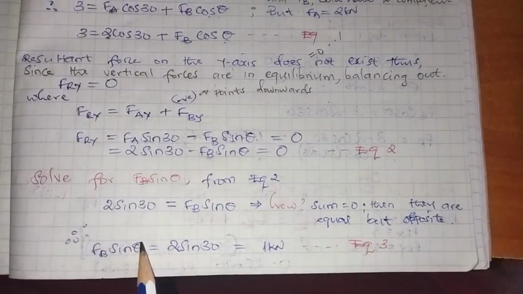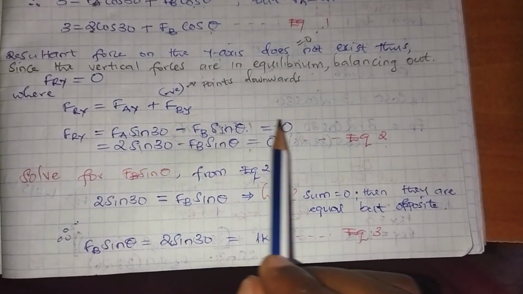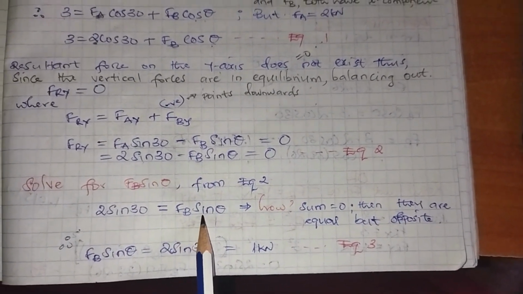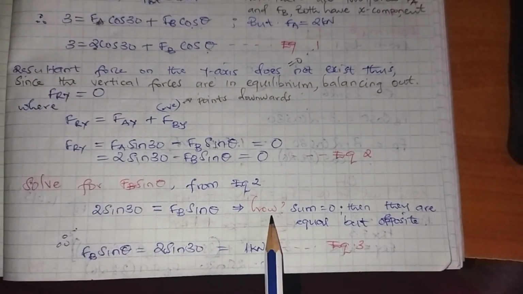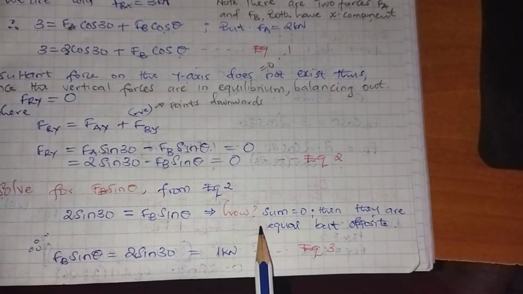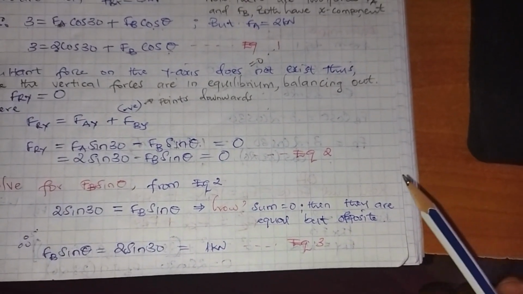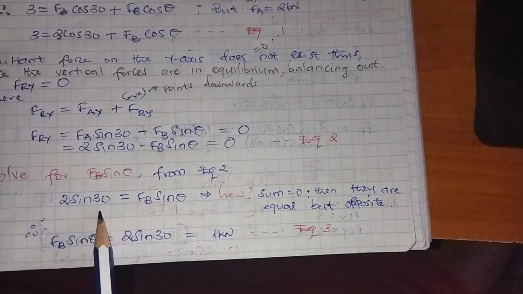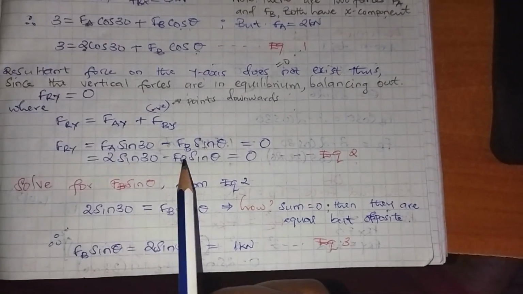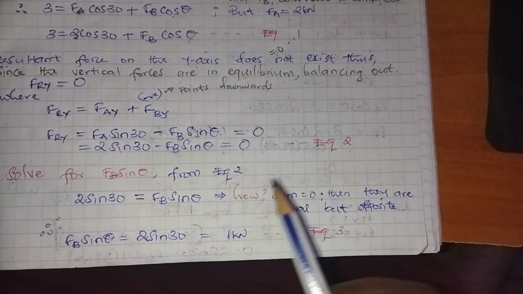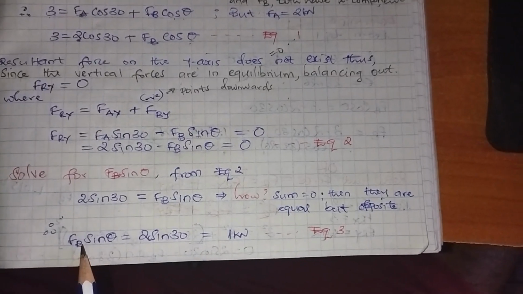This we take to the other side, becomes that. This was just for your explanation: the sum is 0, so it means that they are equal but opposite, because one is negative, one is positive, so they are balancing out.